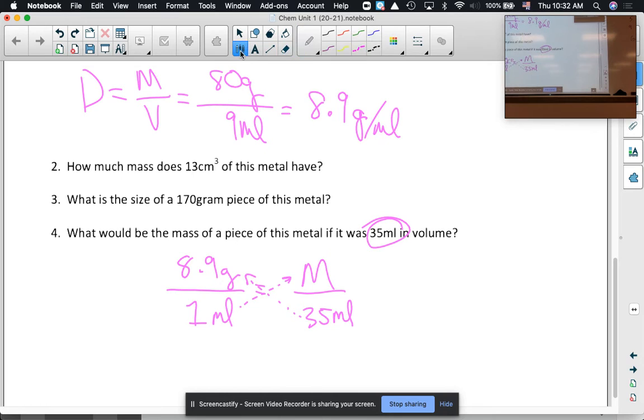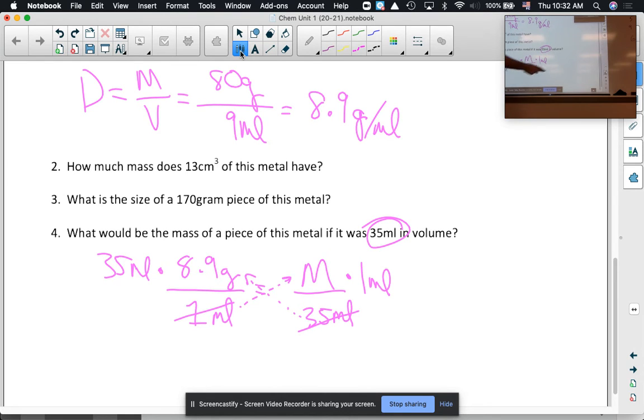Okay, it's back. 35 mLs times that mass times 1 ml. So I've gotten rid of this then. So this goes away on this side. This goes away on this side.